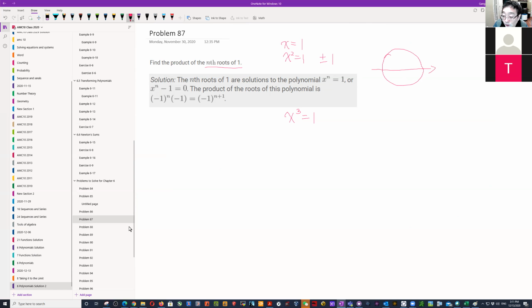For example, those are the 3 roots. So the first solution is x equal to 1 plus 0i, where i is the complex part.